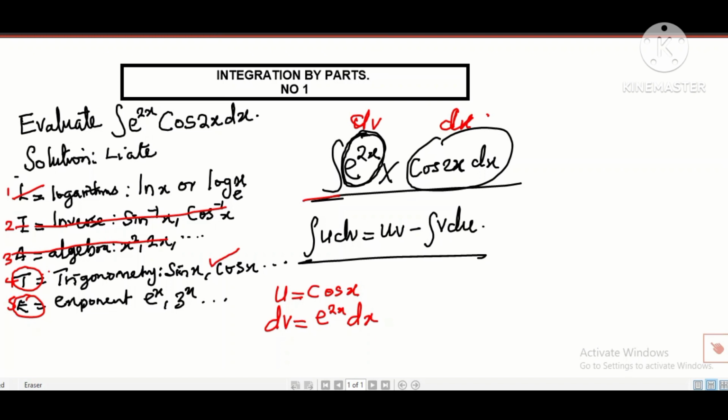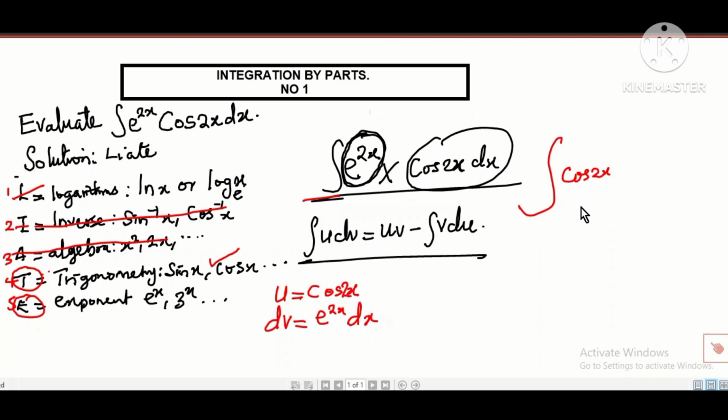Let me clean this thing to avoid confusion, okay? Alright, so at this point now, look at this, everything concerning cos 2x is for u, oh sorry, this 2 is supposed to be here.